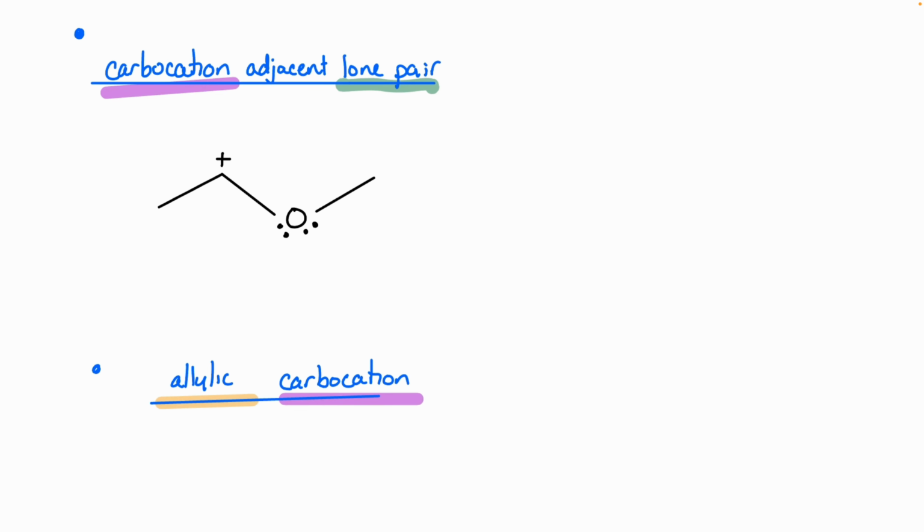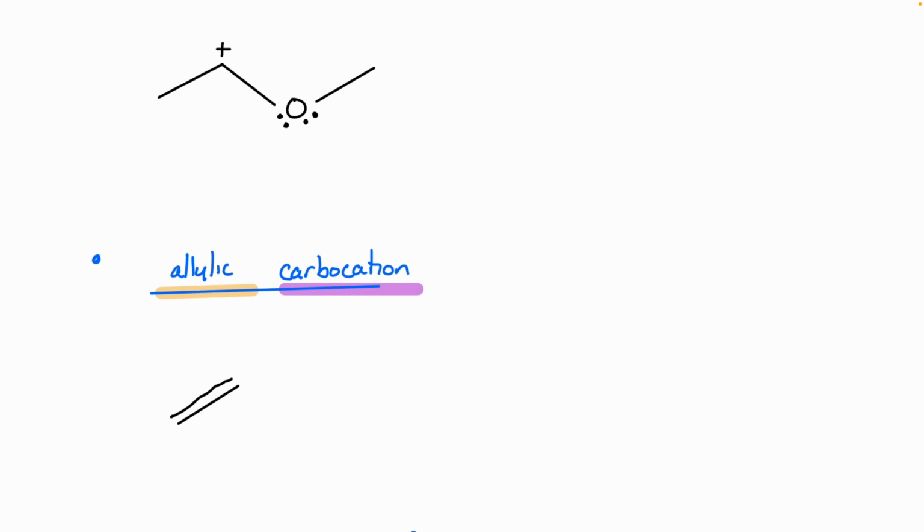Here's a carbocation next to a lone pair. And then I'm going to put that carbocation in that allylic position. Again, next door to a pi bond.